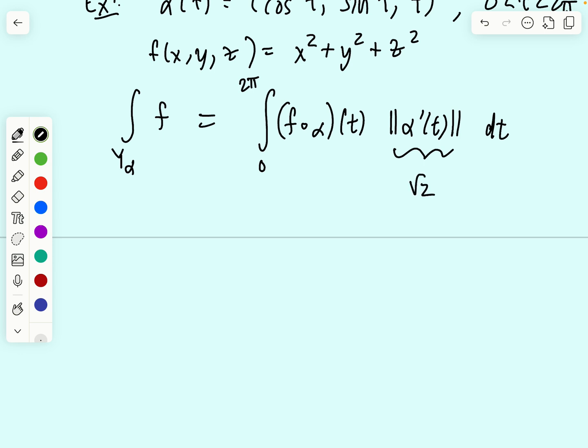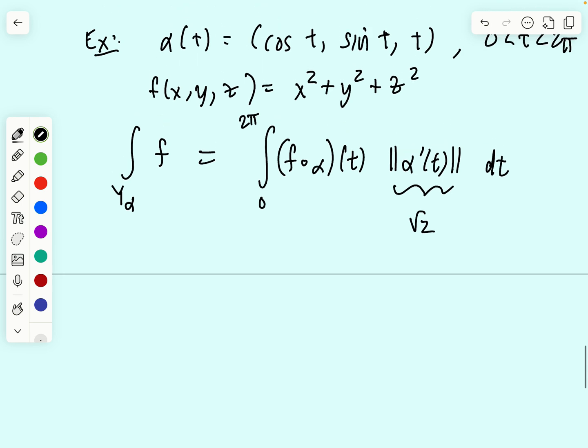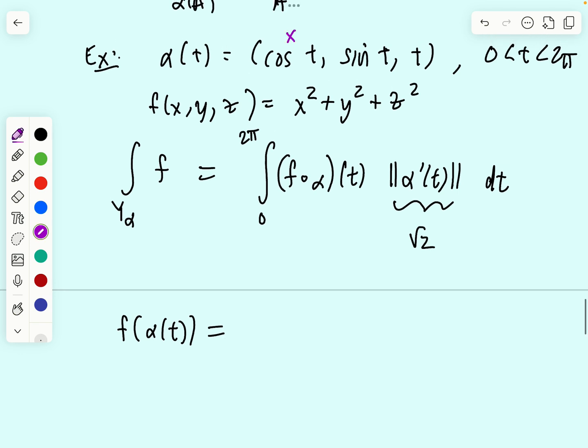Now f composed with alpha of t. So f of x, y, z is x squared plus y squared plus z squared. Alpha of t is cosine t, sine t, t. So you substitute for x, that you substitute for y, that you substitute for z.